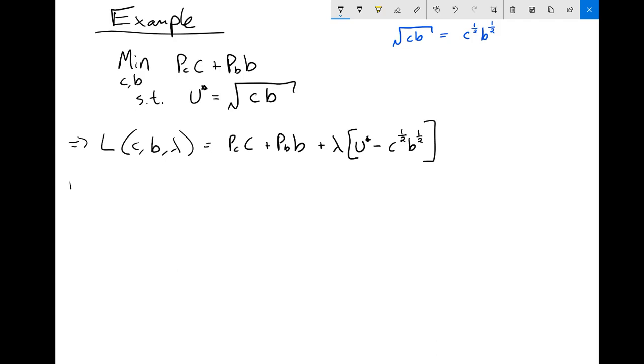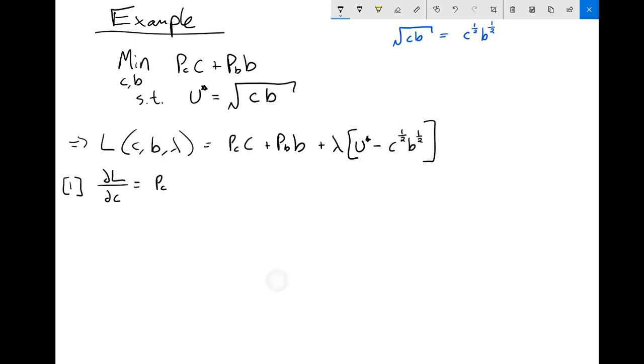All right, so now let's take the derivatives. Derivative with respect to C. Let's go term by term. What is the derivative of PC C with respect to C? Well, it'll be PC. What's the derivative of this term with respect to C? 0.